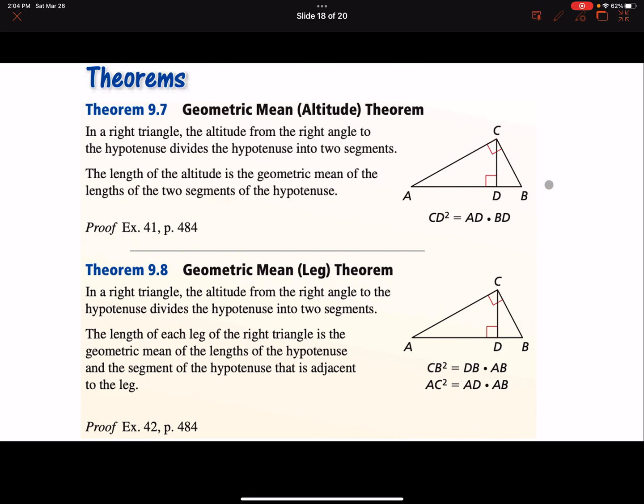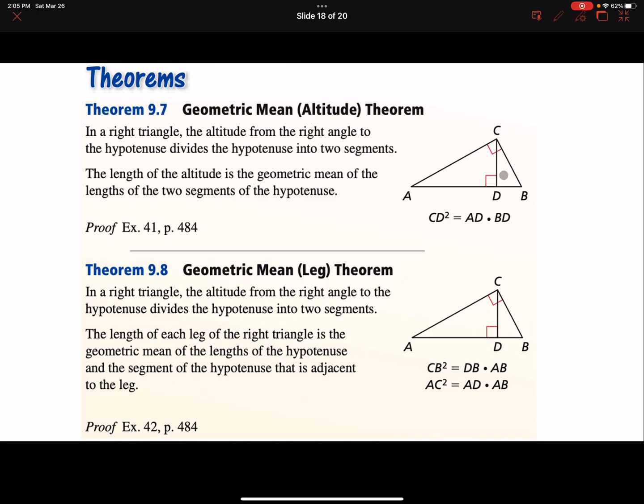If I want to know the length of this altitude, which actually gives me either the shorter leg of ADC or the longer leg of CDB, notice that this altitude is a leg of both of these two triangles, right? We took the big triangle and we split it up into these two triangles. They both share CD.